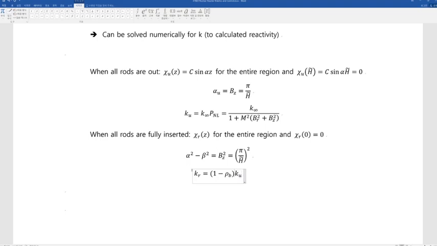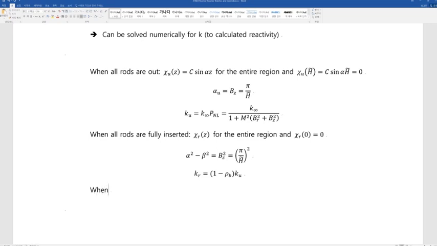So this is the case when all the rods are out, and if the control rods with reactivity worth rho_B are inserted, then the multiplication factor after they are fully inserted will be just like this.